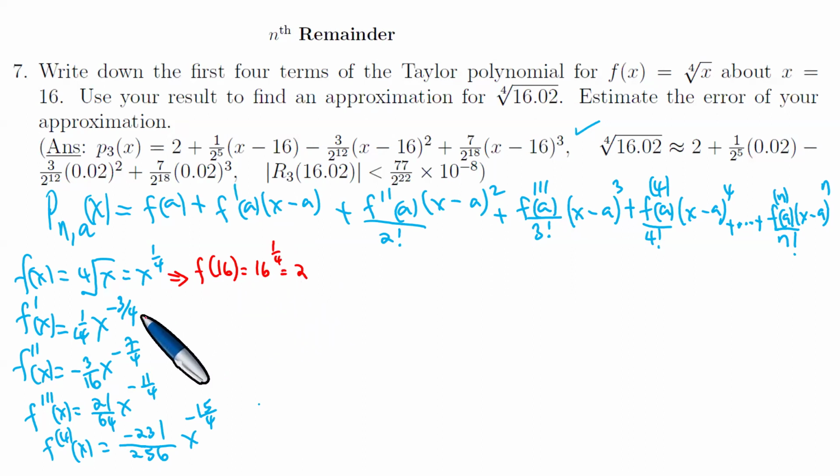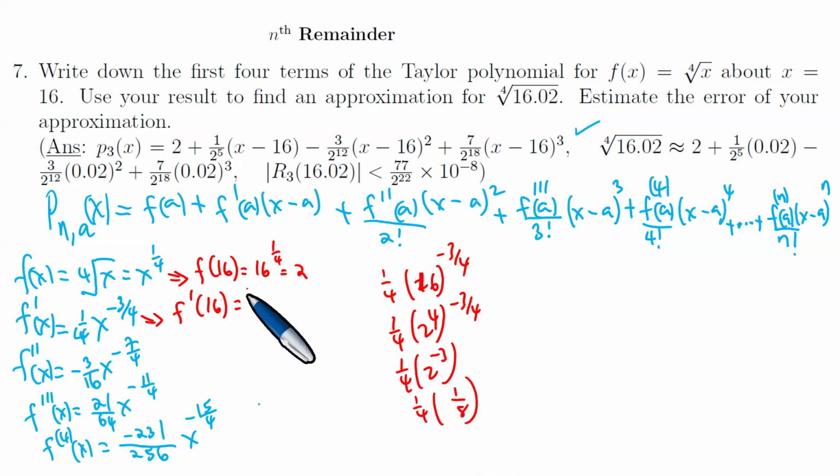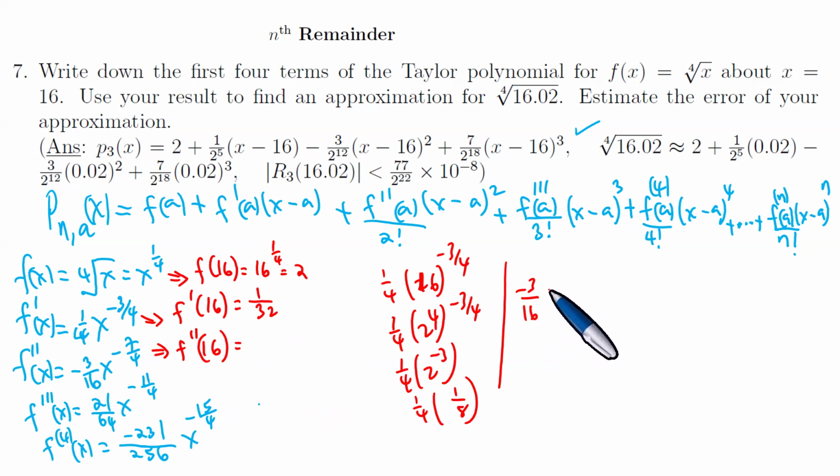So the 4th root of 16 is 2. f primed of 16: you take the 4th root of that, it becomes 1/4, and then you have 16 to the minus 3 out of 4. 2 out of 4, 4 cancels, which is 1/4 times 2 to the minus 3. 2 to the minus 3 is what? Is 1 out of 8. And 4 by 8 is what? 32.